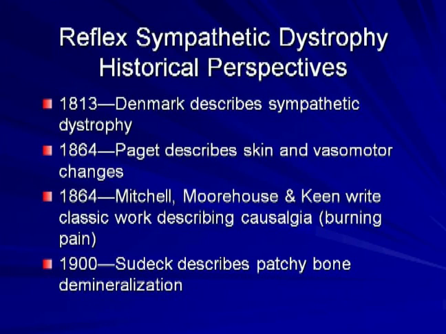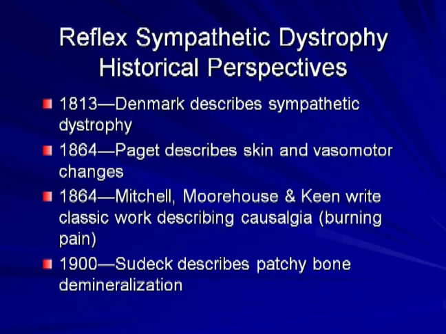In 1864, Paget described autonomic changes in patients with causalgia, the skin and the vasomotor changes. So that was the first description, outside of these descriptions, and he described this in detail and primarily focused on the skin and vasomotor changes associated with the syndrome.